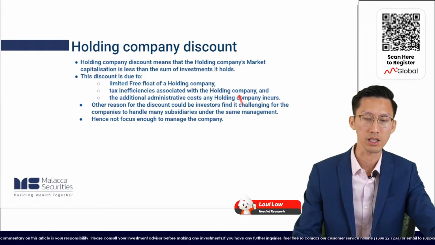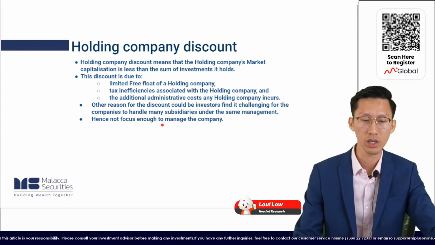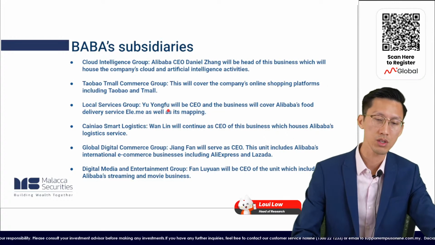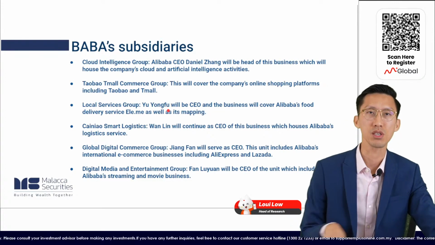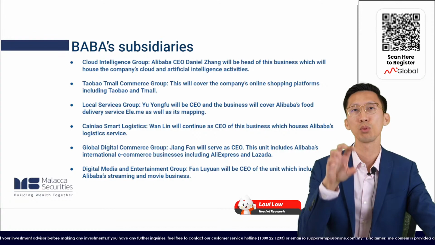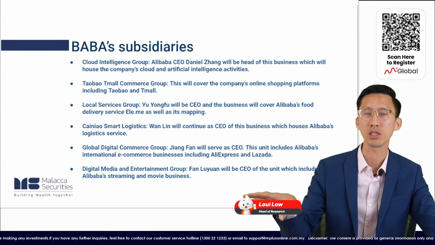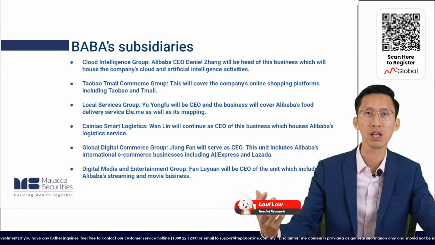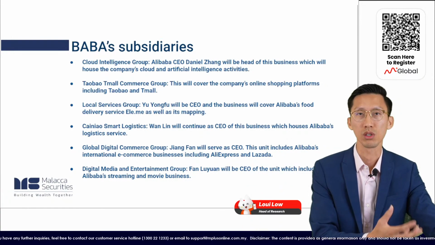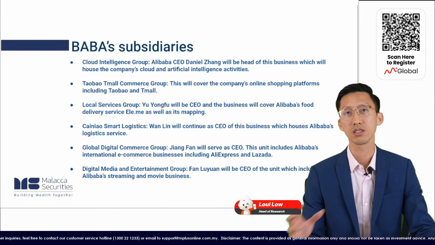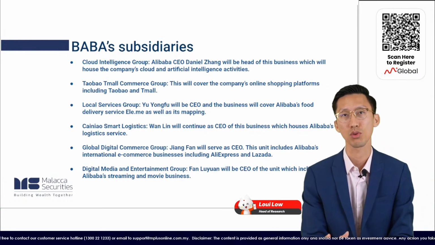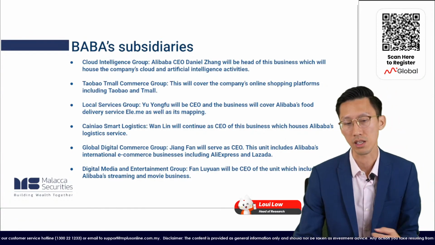So all these are taken into account for the holding company discount. So what I want to mention here is that if you pull out Sunway Construction from Sunway and list it as a new entity, that will bring them more value, and Sunway will release some value there. So Sunway can actually go up higher as well under this event.